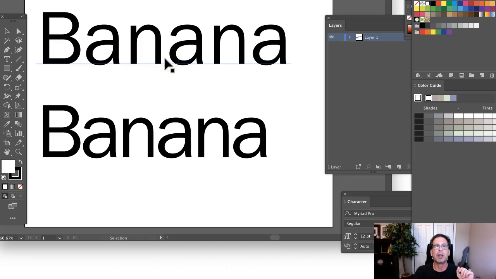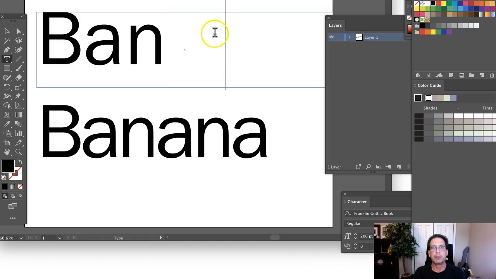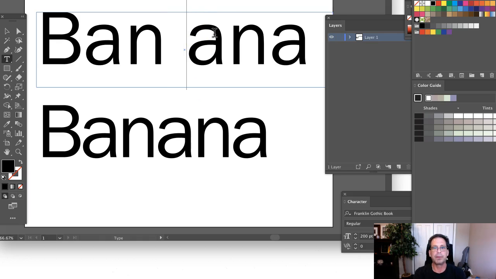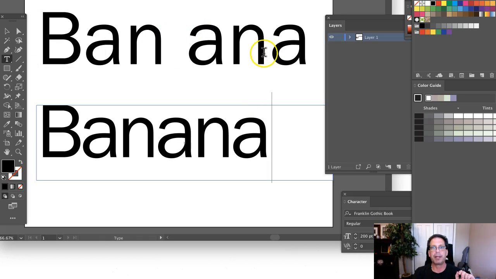That's how it works. So if this were kerned like this, say, if this space right here, whoops, didn't want to do that, but I'm totally exaggerating here. If this was banana, then our mind would see it like that. It would see it as separate pieces as opposed to banana.